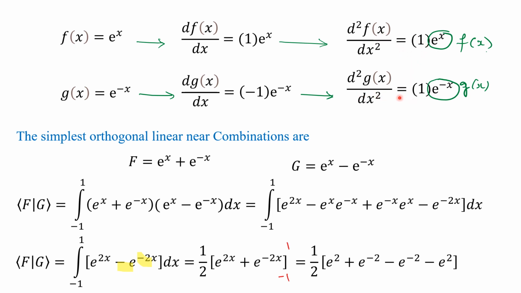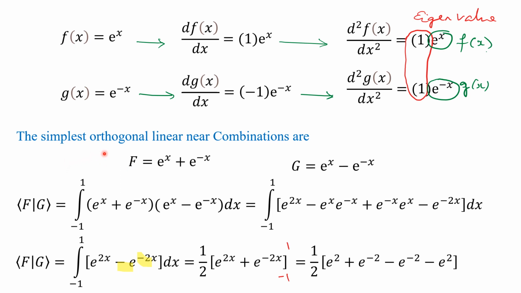Same is the case here: if you differentiate g of x, you will get the same eigenvalue 1. Both cases you are getting eigenvalue 1. So that is not a problem.